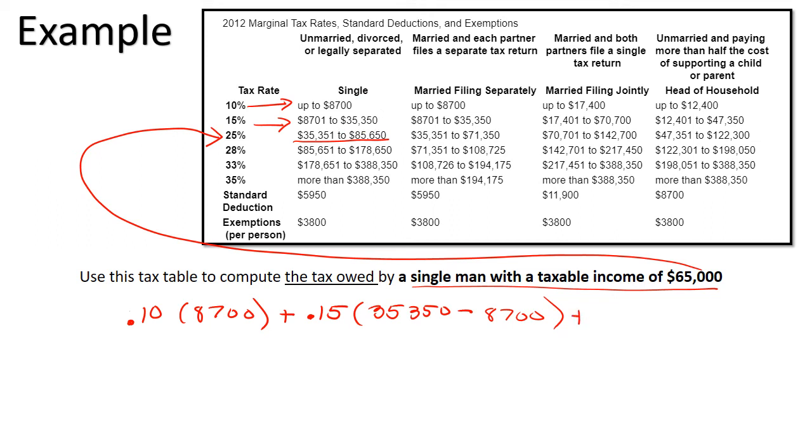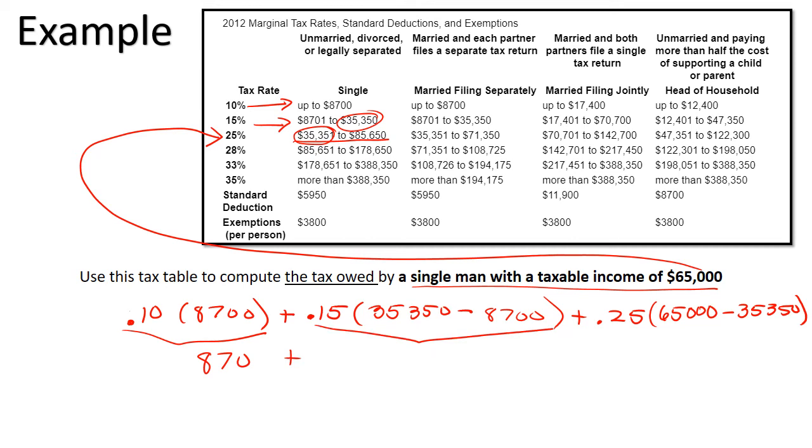Lastly, he pays 25% on the upper amount of money. So from $35,351 to his $65,000. To determine exactly how many dollars that is, take his gross pay, $65,000, and subtract that upper range, which was $35,350. Okay, when we calculate this, the 10% amount, when we multiply that, gives us $870.